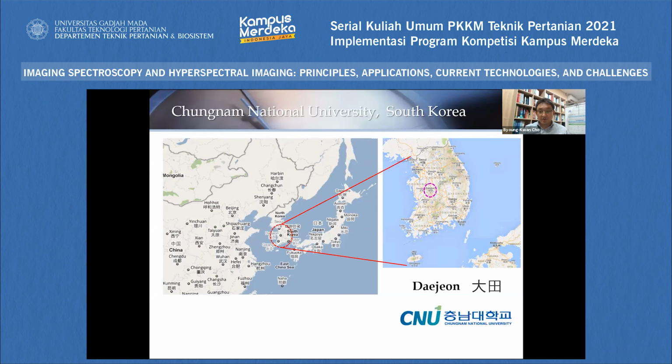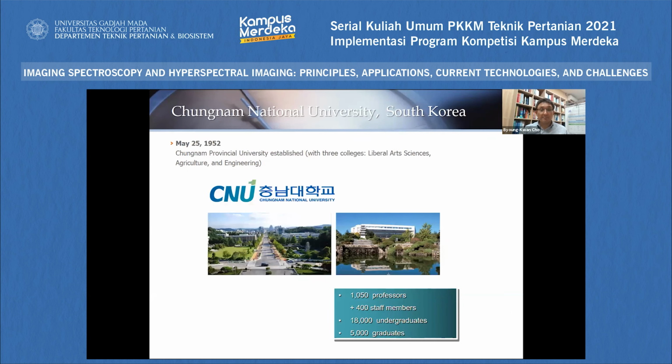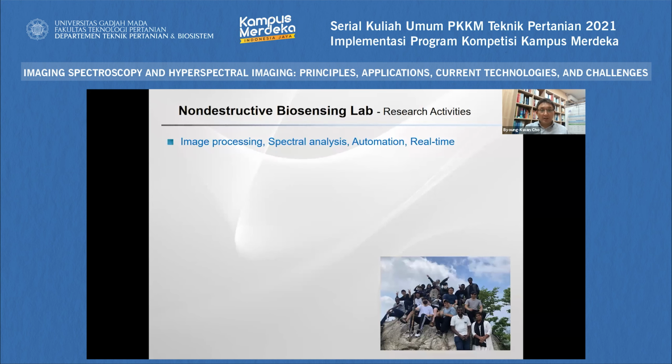Chungnam National University is in Daejeon City. The university was established in 1952, and we have about 1,000 professors, 18,000 undergraduate students, and 5,000 graduate students.